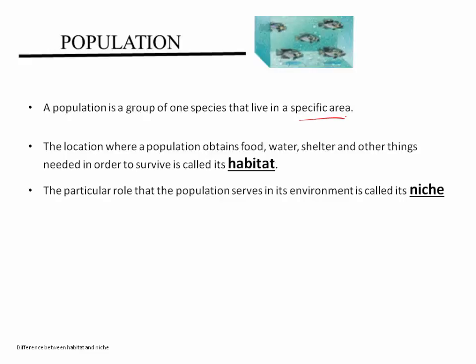Those are its role. Its niche is very much like its job or its career, what it does in the world. It includes what it eats, what it's eaten by, its interactions with the environment. Does it live in water? Does it live on the land? Those are all what a niche is considered.